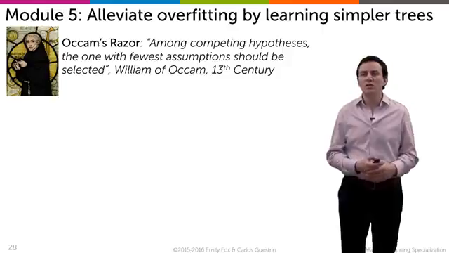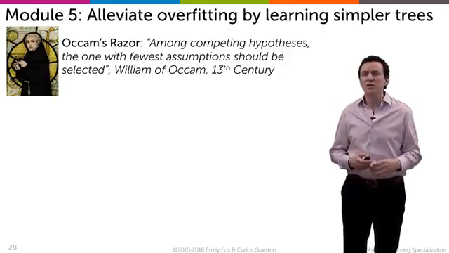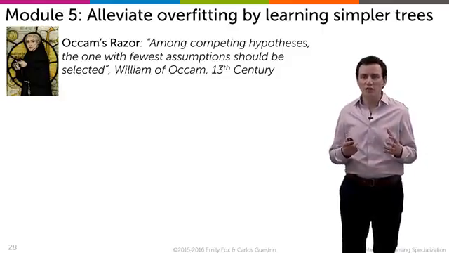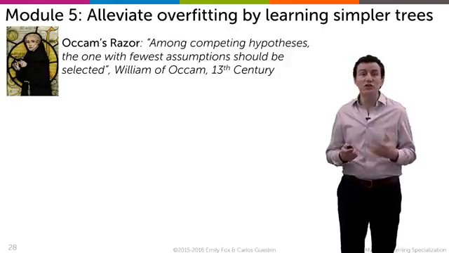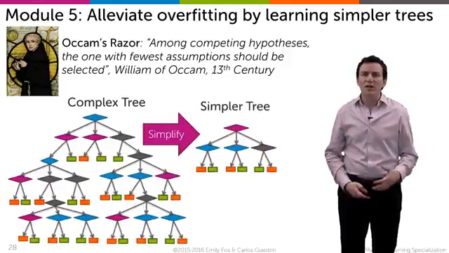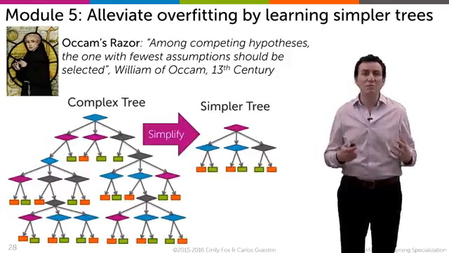And this concept goes back way before Occam, who was around the 13th century. It goes back to Pythagoras and Aristotle. And those folks said the simplest explanation is often the best one. So we're going to take these really complex deep trees and find simple ones that give you better performance and less prone to overfitting.